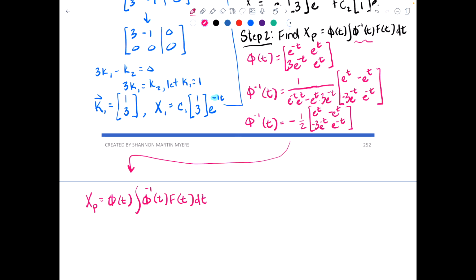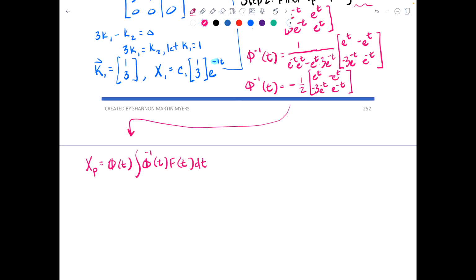So let's find some parts of this, so we don't have to keep writing out Φ at t in that matrix format. We can certainly find Φ inverse at t times f at t, because we have to do that before we integrate.